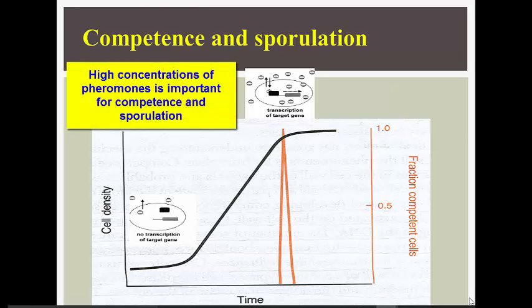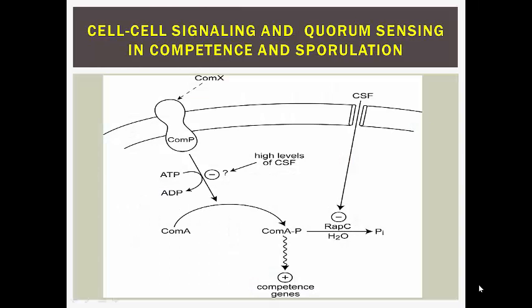High concentrations of pheromones are necessary for competence and sporulation, and this occurs during late exponential phase when cell densities are the highest. Bacillus subtilis, like many organisms, has mechanisms for sensing and responding to high cell density.